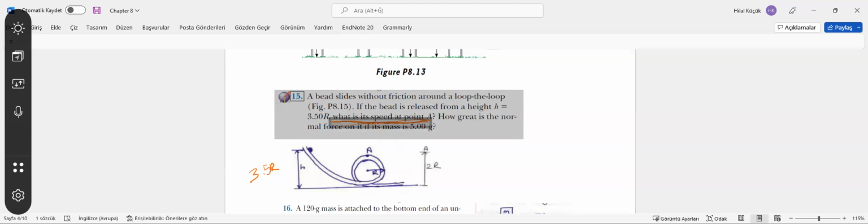Okay, how can I find speed? Just say it comes to here, and say this is your reference point, the potential energy there is zero. So you can say I will take from here. Okay, so you can use this distance for the first part.